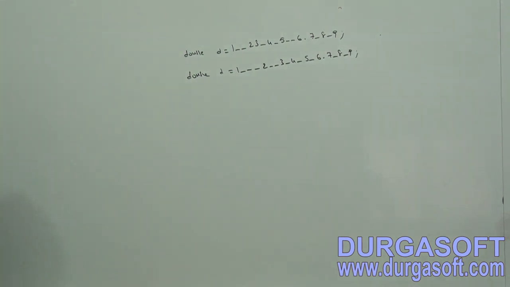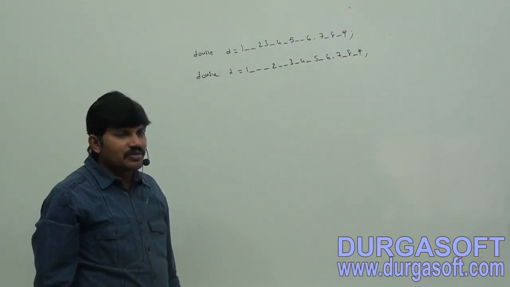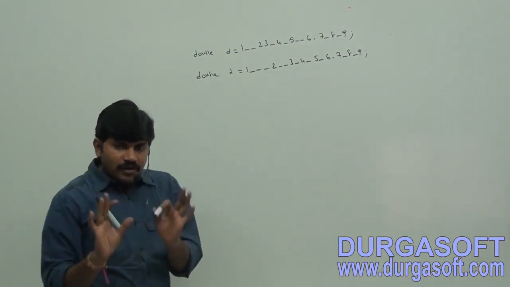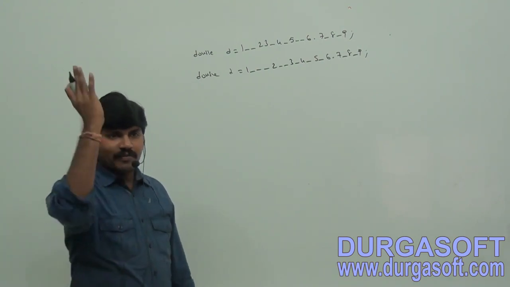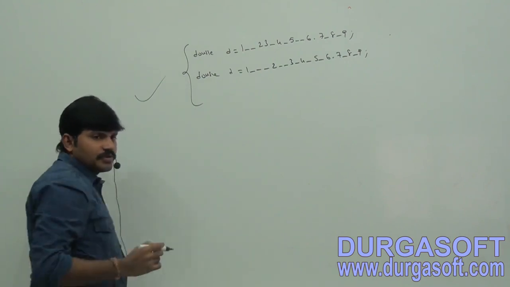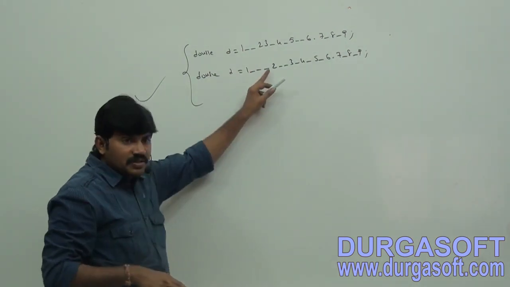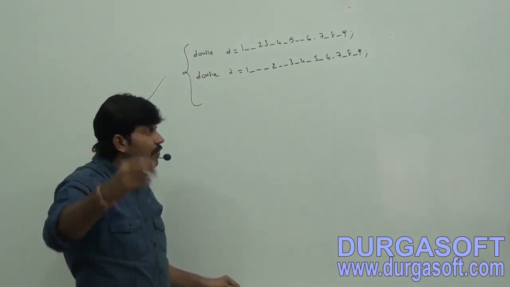Valid or invalid? Simple. Anyway, the compiler is going to delete the underscore symbol. Based on your comfort, you can add any number of underscores. What is the problem? Perfectly, both are valid. So we can use more than one underscore symbol between the digits. No problem at all. Okay.